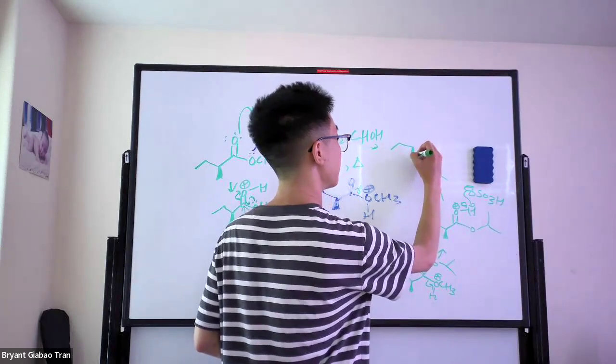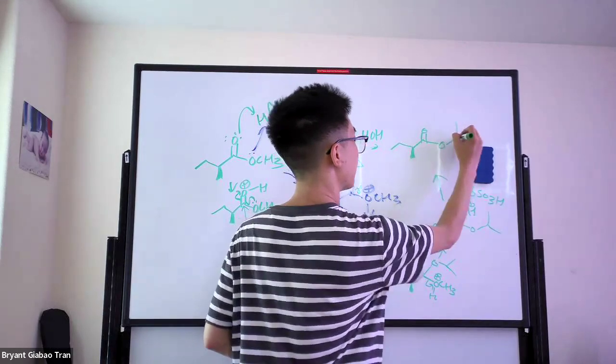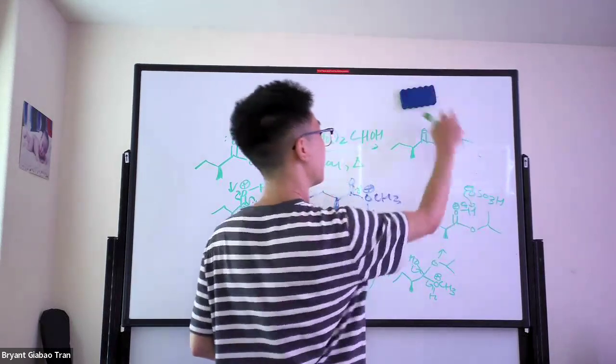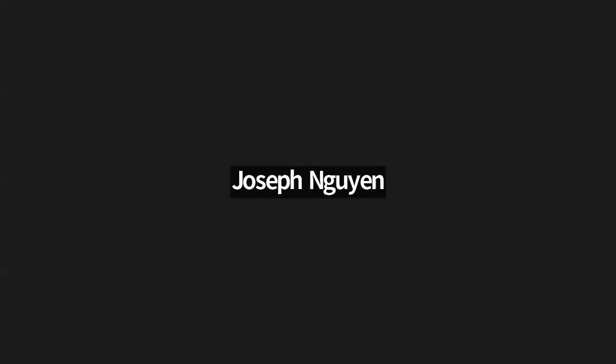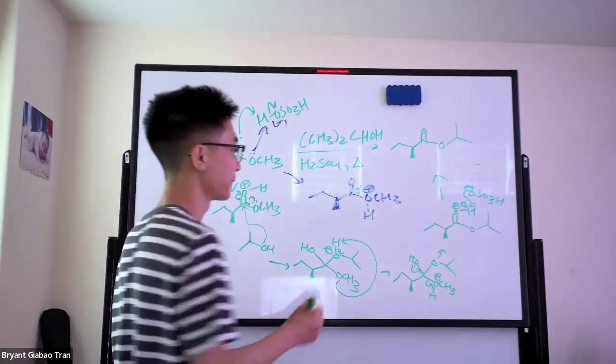And what functional group did we just create here in the final product? What is this functional group here? Ester. Ester, yeah. We started with an ester. We ended with a different kind of ester. What is this reaction name? What's the first letter?